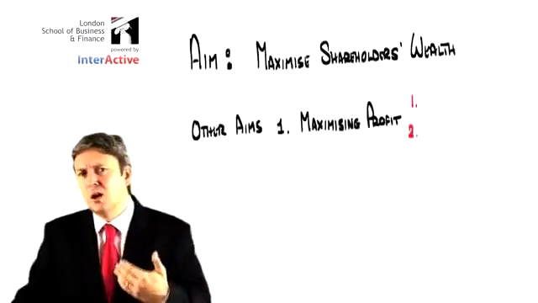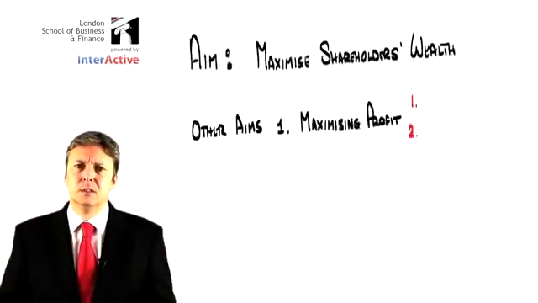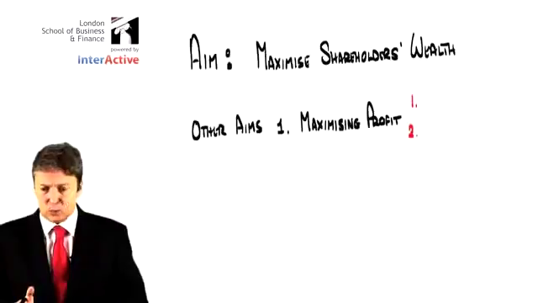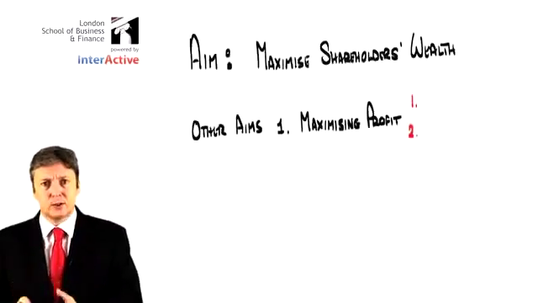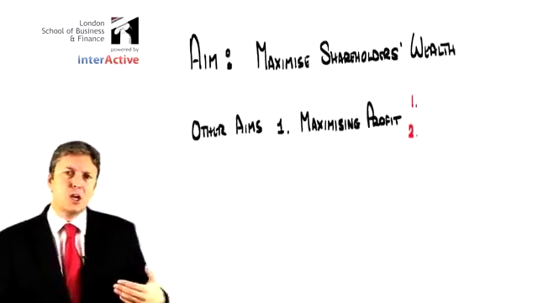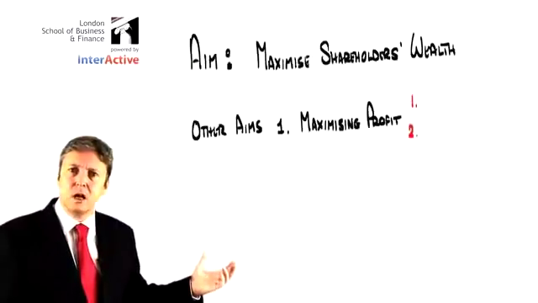Whereas when we're looking at shareholders' wealth, what sort of time period are we talking about? Well, are we talking about today? Yes, we want to ensure that we enhance the wealth today. Are we talking about in one month? I think we are. Are we talking about in one year? Yes. Are we talking about five years?